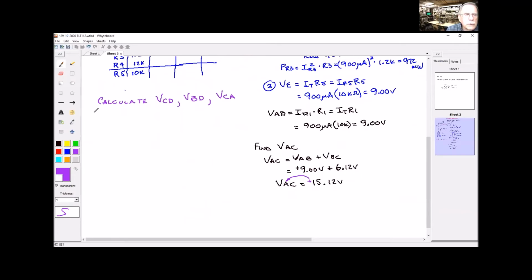But to make things shorter, VCD between C and D is R3. So it's just going to be I sub R3 times R3. But because this is a series circuit, I sub R3 is equal to IT times R3. So we have the 900 microamps times 1.2K. And that works out to be 1.08 volts.